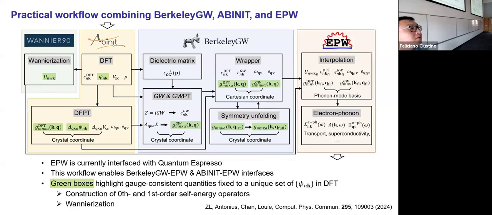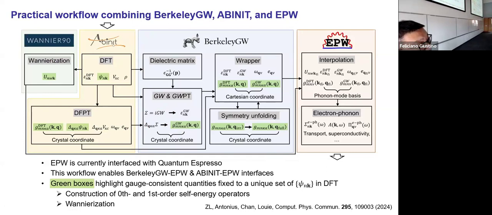Right. So my question is regarding the frozen phonon method. In that case, why do we use the finite difference formula instead of the symmetric difference formula? Isn't the symmetric difference formula more accurate with similar complexity?